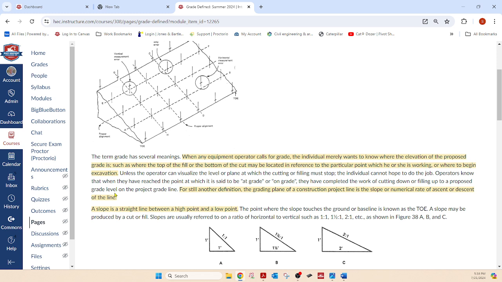In other words, not many things on a construction site other than a house pad or the building pad are level. Everything else will have a slope or a fall for drainage purposes.